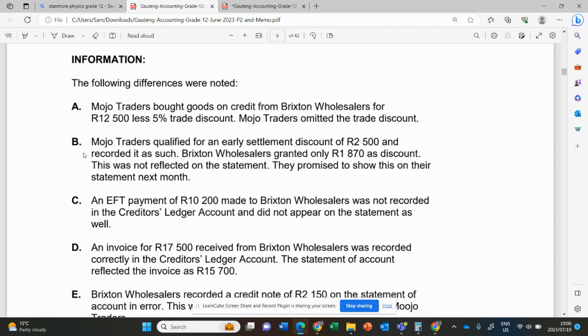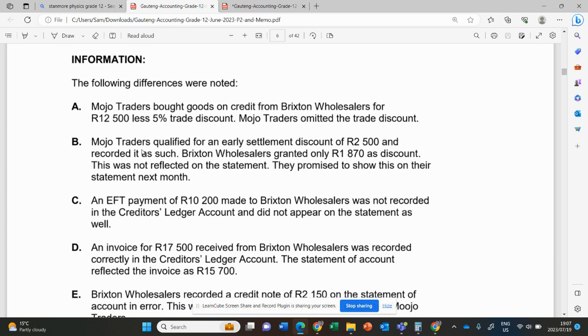Then now going to information B. They said Mojo Traders qualified for an early settlement discount of 2,500 and recorded it as such. Then they said Bryanston Wholesaler granted only 1,870 as a discount. This transaction was not reflected on the statement. They promised to show this on their next statement.